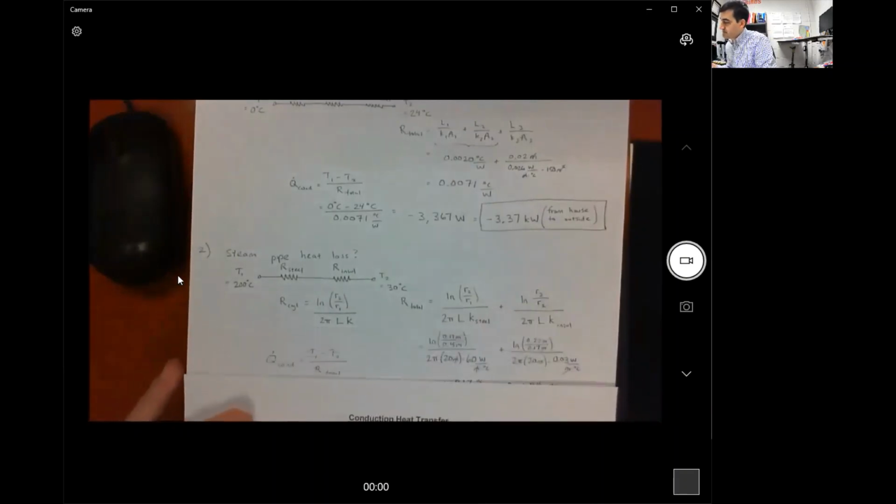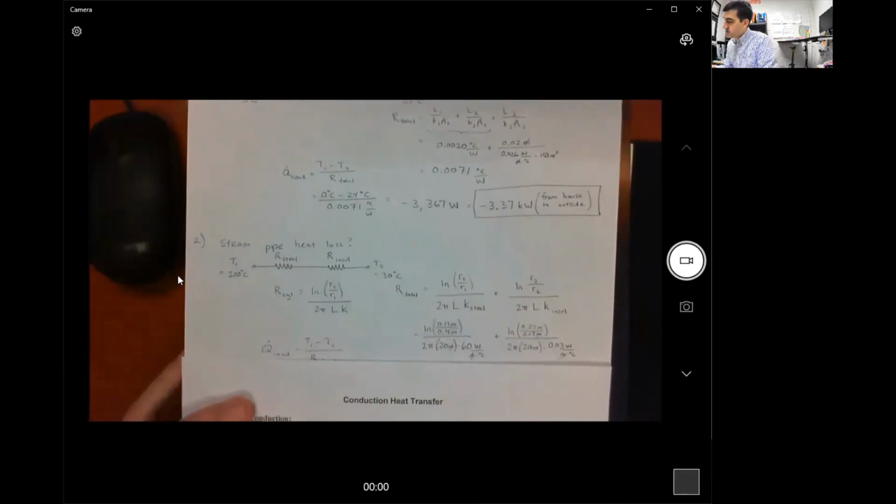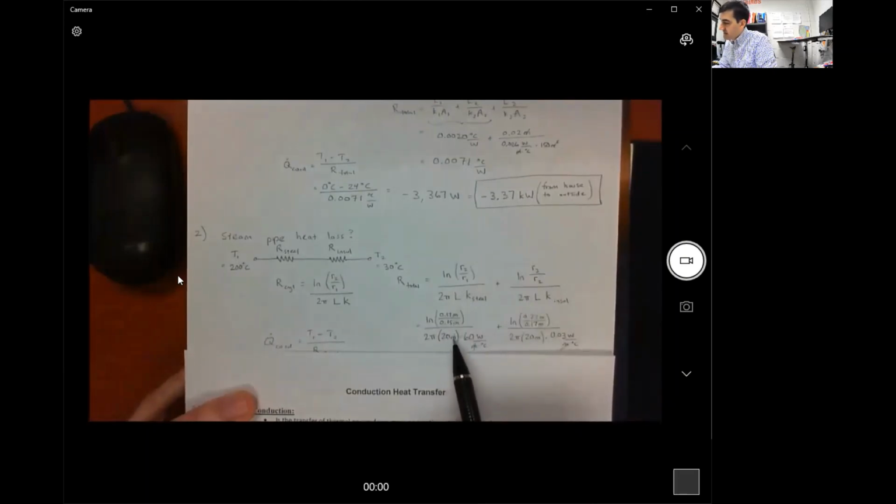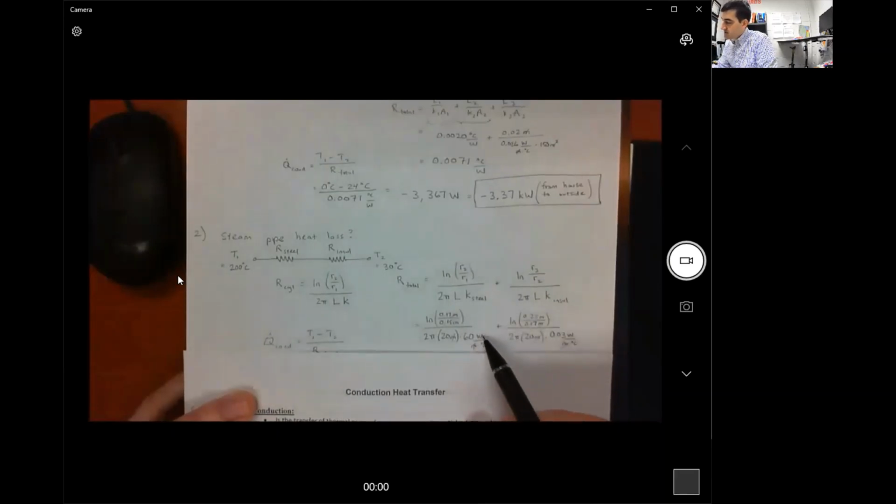conductivity of the insulation. So plug those values in, keeping your units, and your meters are going to cancel out here in the numerator, and then down here, they're going to cancel out here from L and here from K. So once again, all of our meters cancel out, and we're going to be left with watts per degree Celsius, both in the denominator.